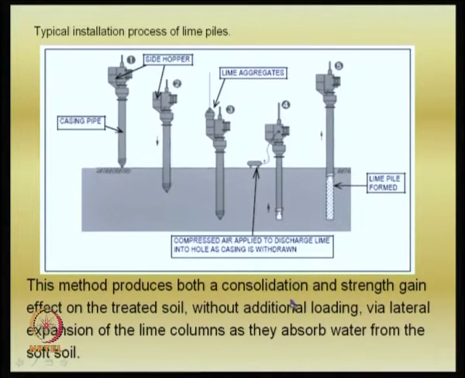The lime column produces a consolidation effect, like a pre-consolidation effect, in which water content is removed, and because of this there is a strength gain in the treated soil without additional loading. I have not done any additional loading to reduce the water content. I have just added lime, which has an equivalent effect. And why? Because it has even lateral expansion also.